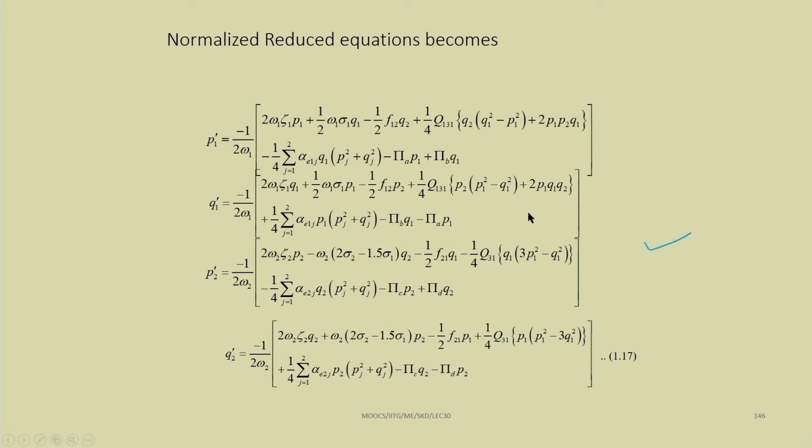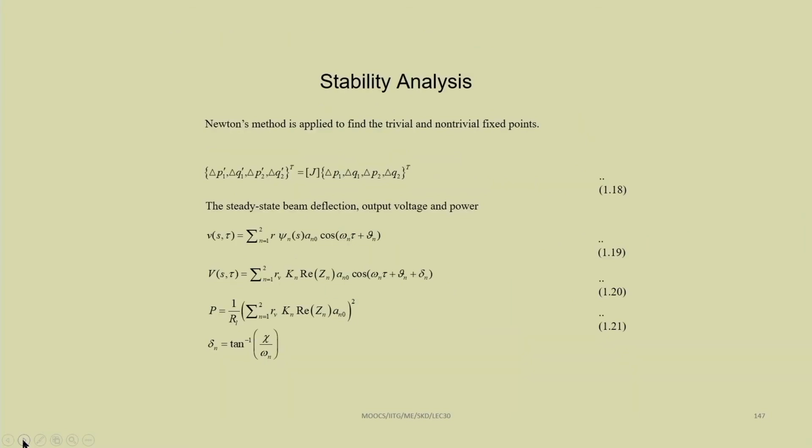So, P1 dash, Q1 dash, P2 dash and Q2 dash, and then one can do the stability analysis by perturbing these equations. By perturbing these equations one can find the Jacobian matrix, and then find the eigenvalues of the Jacobian matrix.